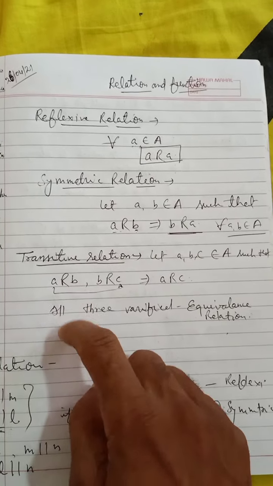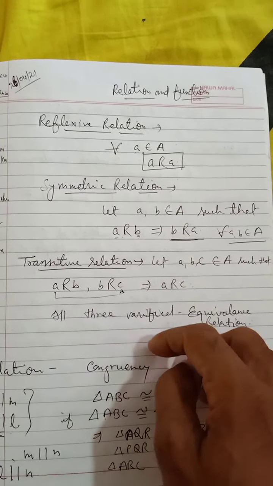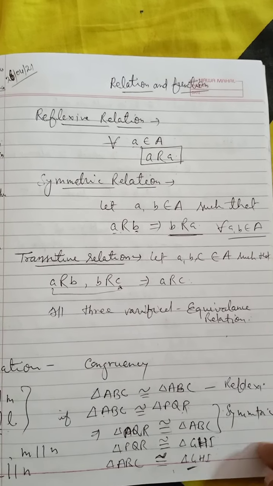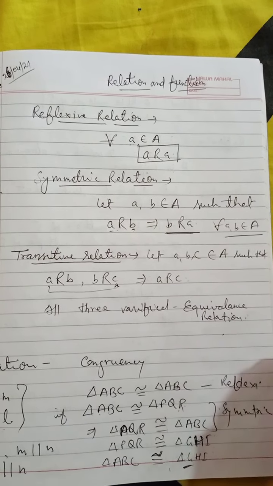Transitive relation: line L is parallel to M, M is parallel to N, then L is also parallel to N. That means it satisfies the transitive relation also.